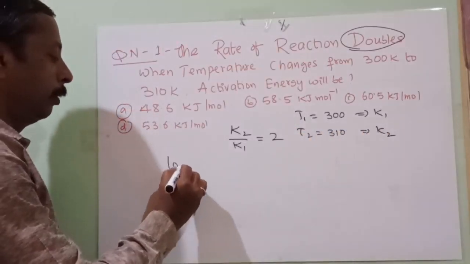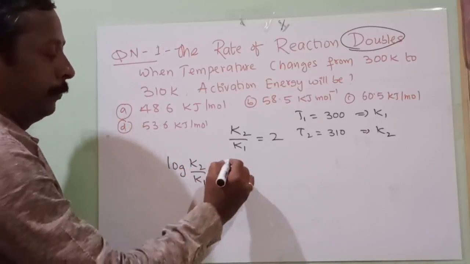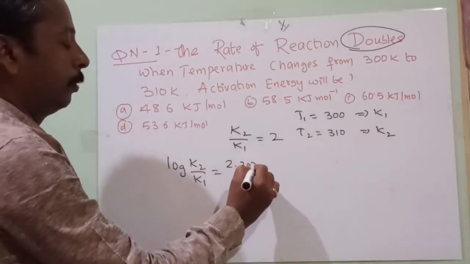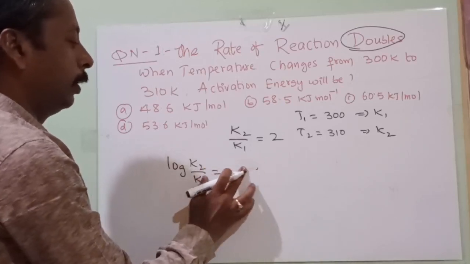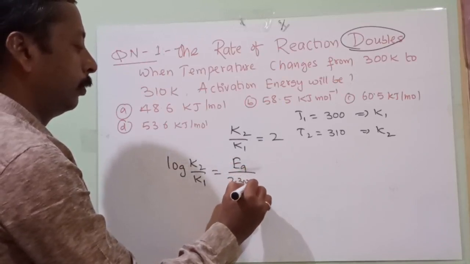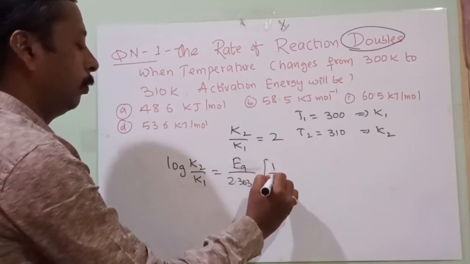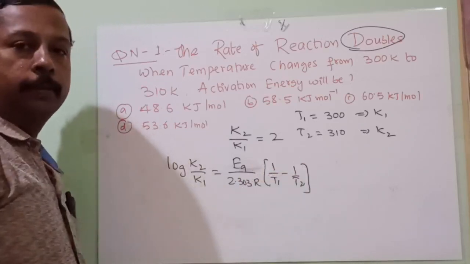Now all of you remember, I think: log K2 by K1 is equal to EA upon 2.303 R into (1 upon T1 minus 1 upon T2). This is the formula.